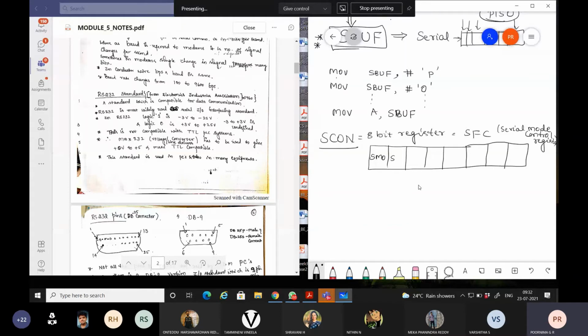All 8 bits of the SCON serial mode control register are represented like this. First let us learn what function each bit configuration of the SCON register represents, and then we'll go for the programming as well as the standards which are available for serial communication.